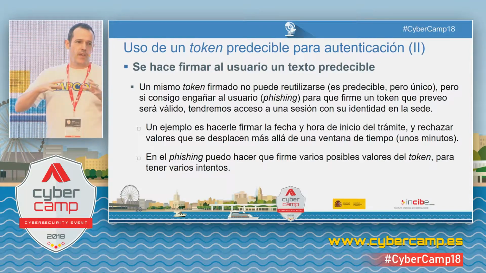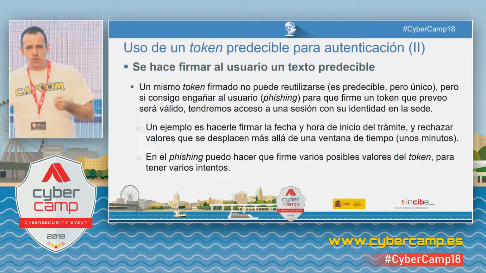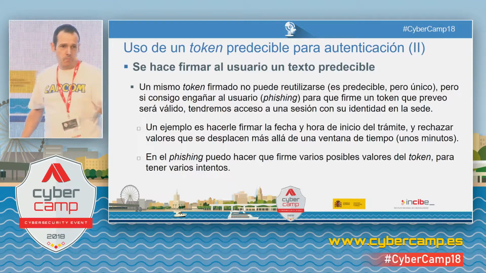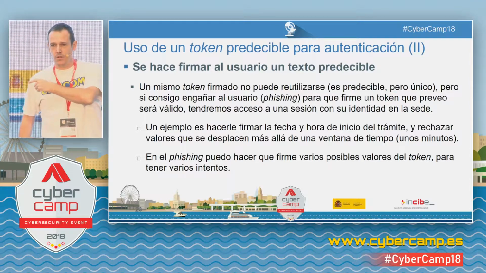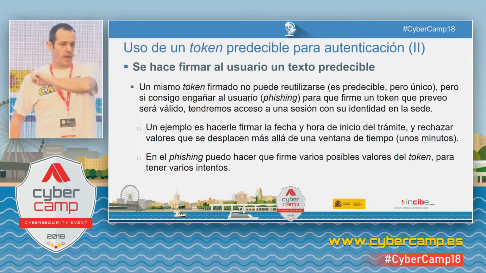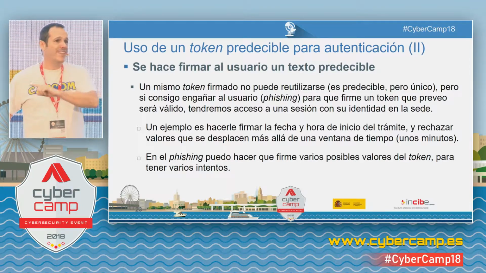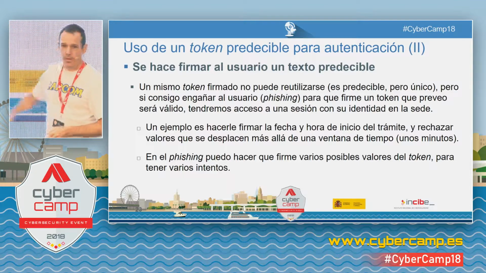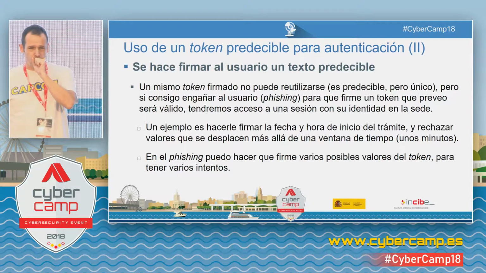If I succeed in asking someone to sign a token at a future time, and then let us see what can I do to have someone signing something that I want to sign for me. Because I know that I have a time frame of several minutes, if I have an automated system doing that for me, I could carry out 50 proceedings within this time frame because the token is predictable.